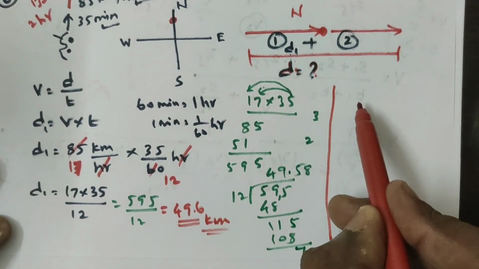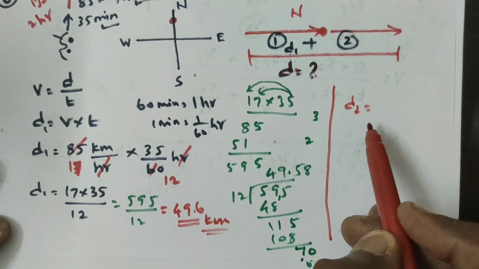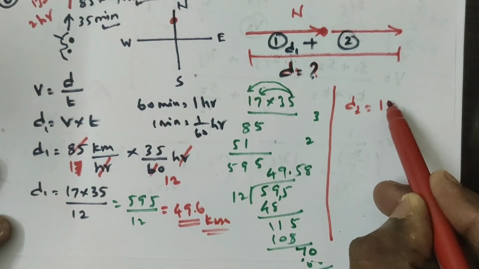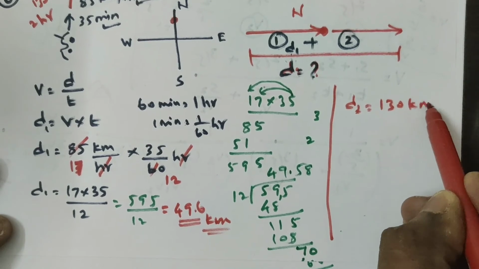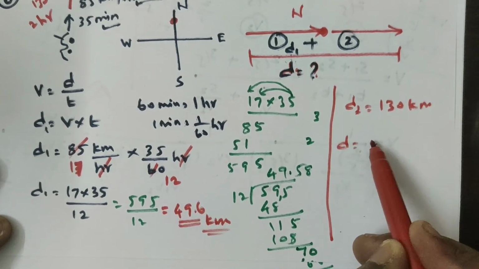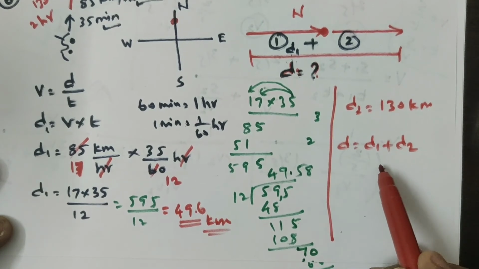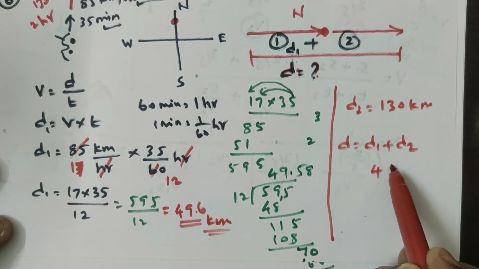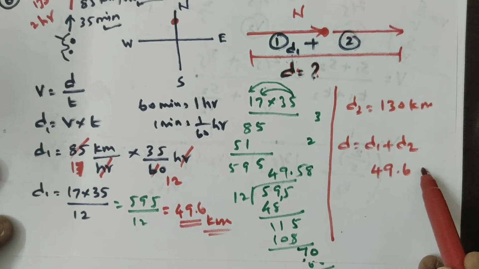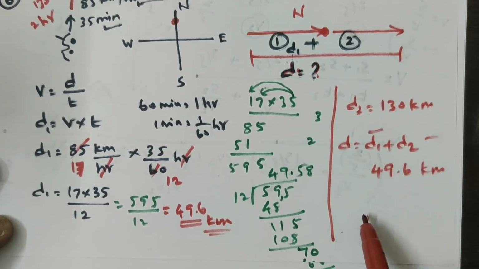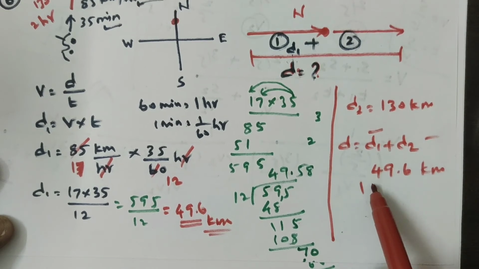Next, the D2 value is already given in the question. D2 is 130 kilometer, covered in 2 hours, so it is separately given as 130 kilometer. So the total displacement D is equal to D1 plus D2. D1 is 49.6 kilometer, and D2 is 130 kilometer.